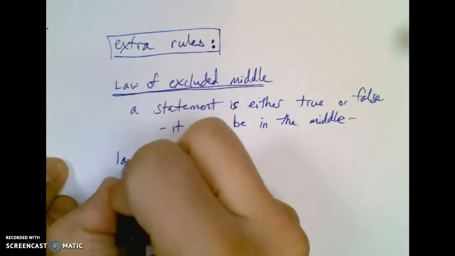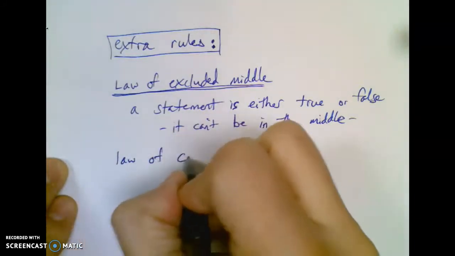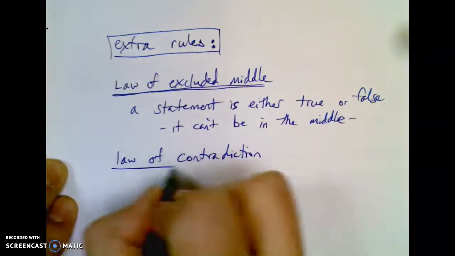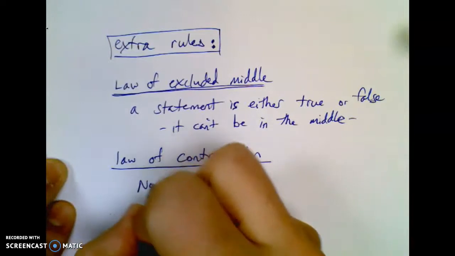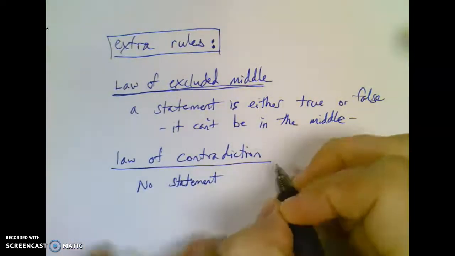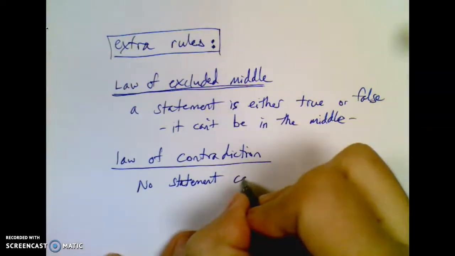There's another one, the law of contradiction. The law of contradiction says that no statement can be true and false at the same time.